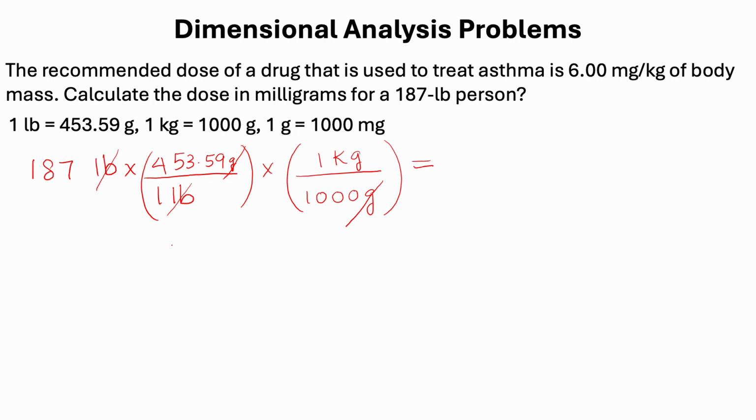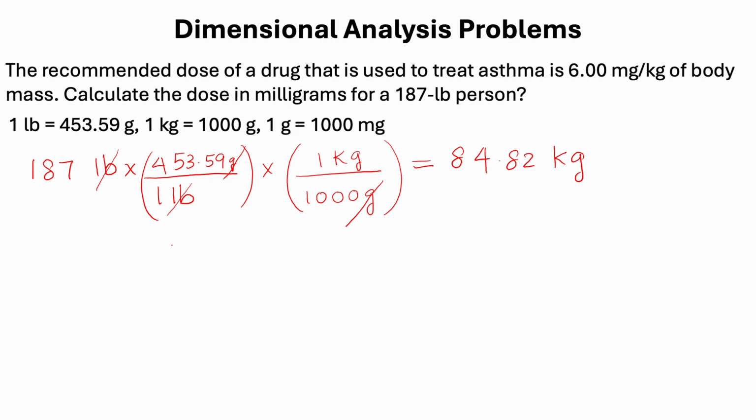Do the math here. You have 187, multiply that by 453.59, multiply that by 1 and divide that by 1000. That will give you 84.82 kilograms. That's the person's weight.